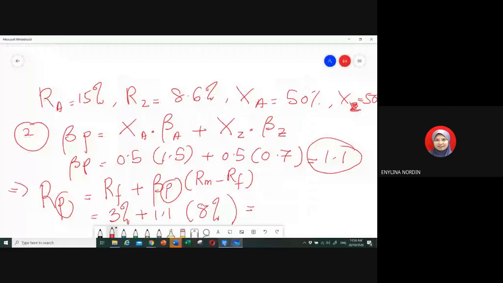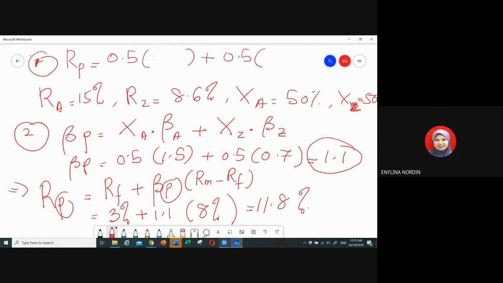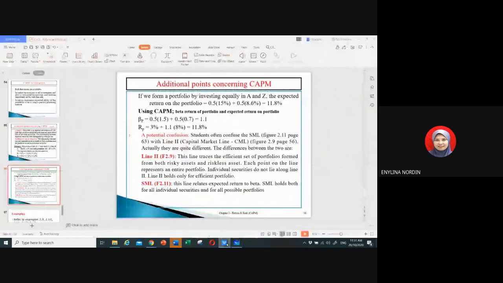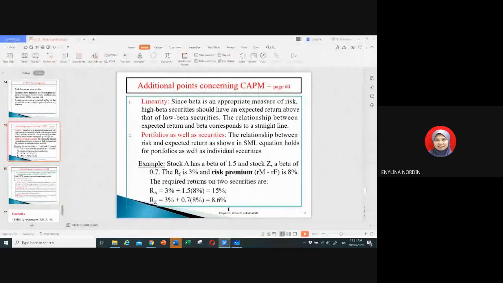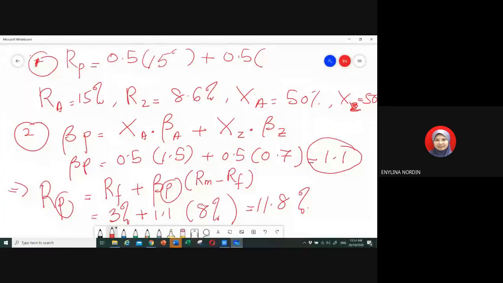If you use the first method, how is it? The required rate of portfolio return is 0.5 times the return of stock A, 15%, plus 0.5 times 8.6%.